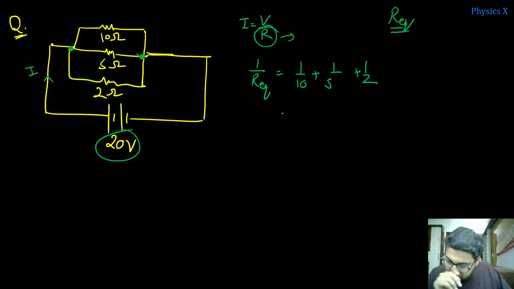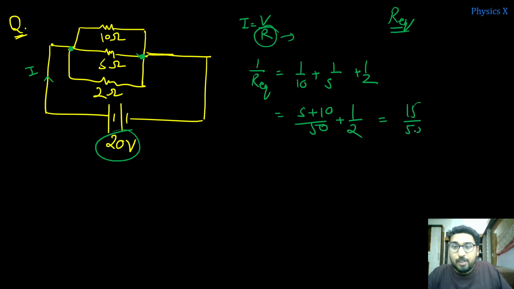So if I am going to solve this, let us solve this. In the simplest manner, it will be 5 plus 10 by 50, plus half. So this is nothing but 15 by 50 plus half, or you can say 30 plus 50 upon 100, and this is nothing but 80 by 100, which if you simplify is 4 by 5.